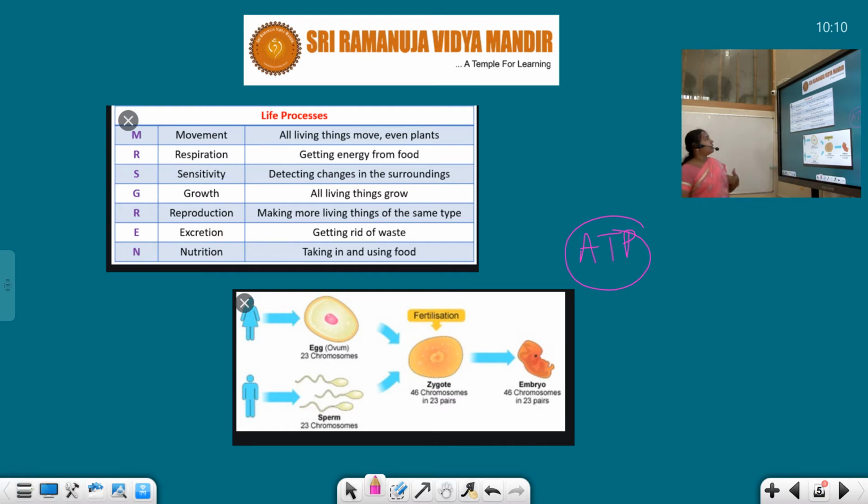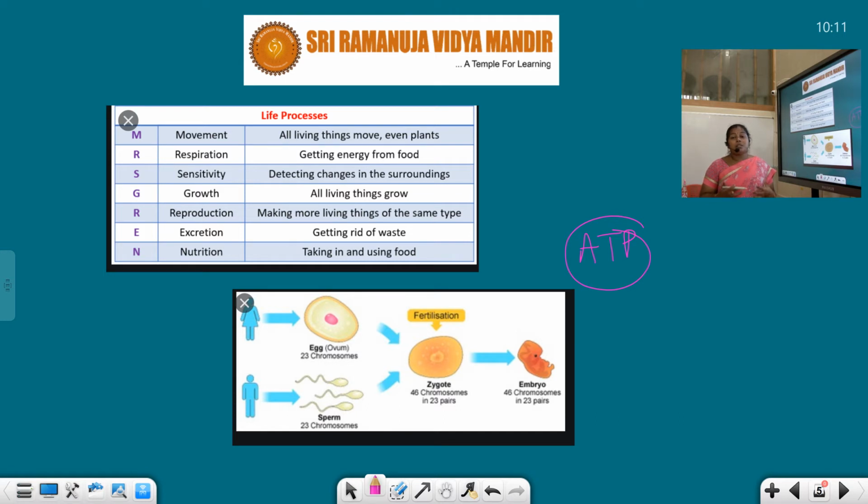Next, excretion, getting rid of waste. After metabolic activities, every cell releases some waste materials, toxic materials. All these materials should leave the body. They should not be present in our body. If they are present, what will happen?